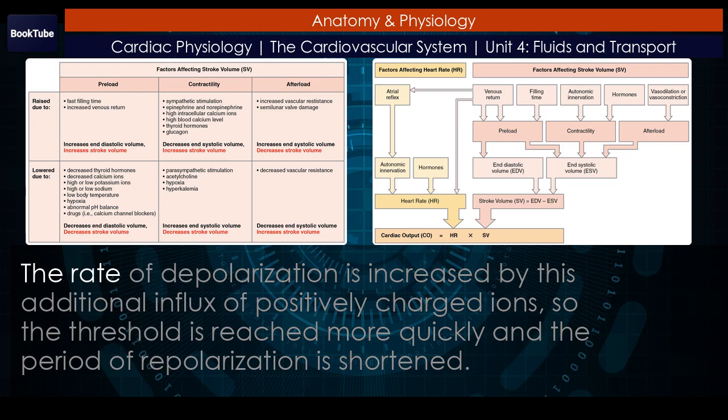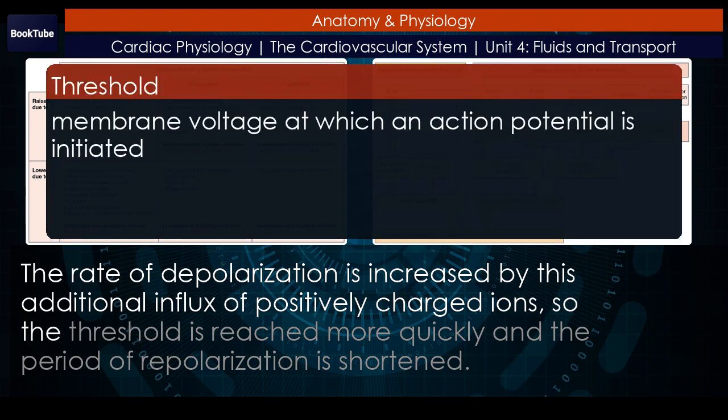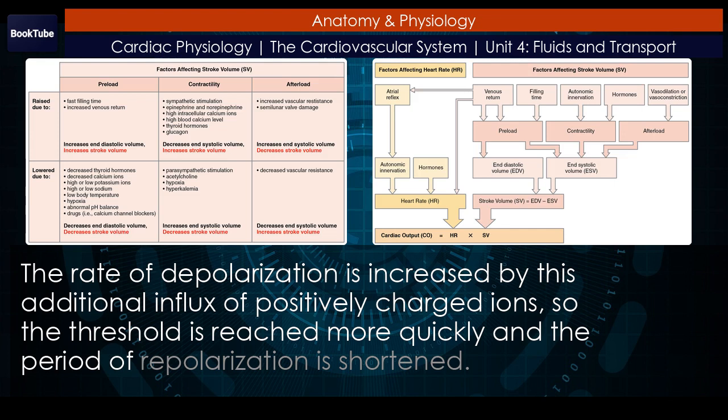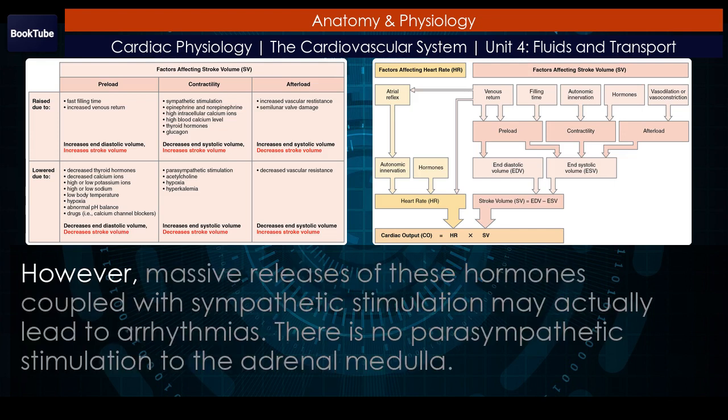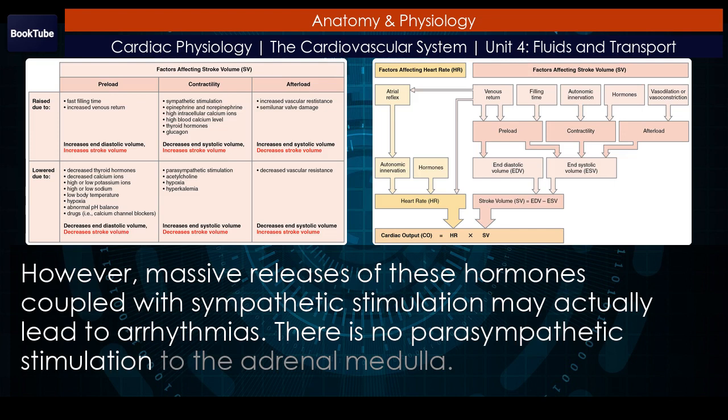The rate of depolarization is increased by this additional influx of positively charged ions, so the threshold is reached more quickly and the period of repolarization is shortened. However, massive releases of these hormones coupled with sympathetic stimulation may actually lead to arrhythmias. There is no parasympathetic stimulation to the adrenal medulla.